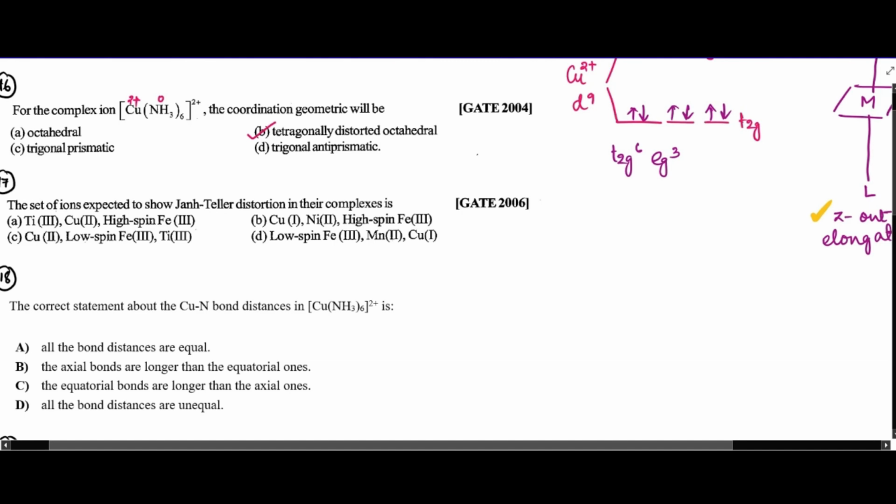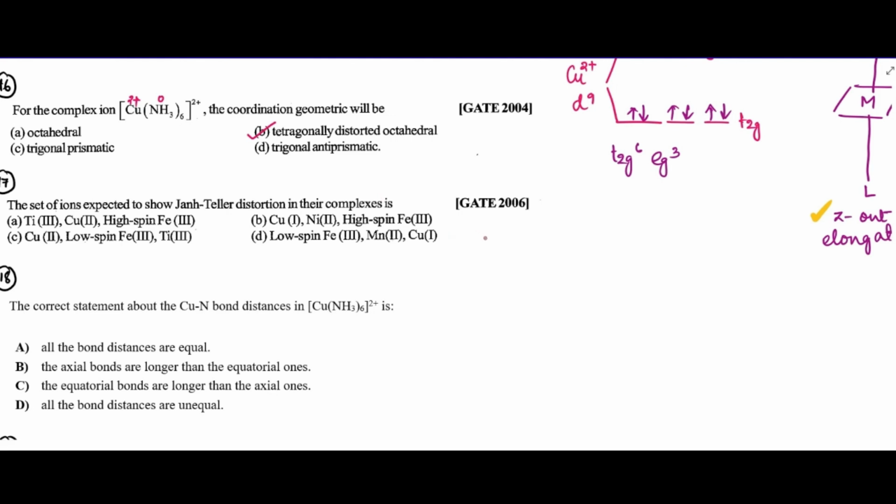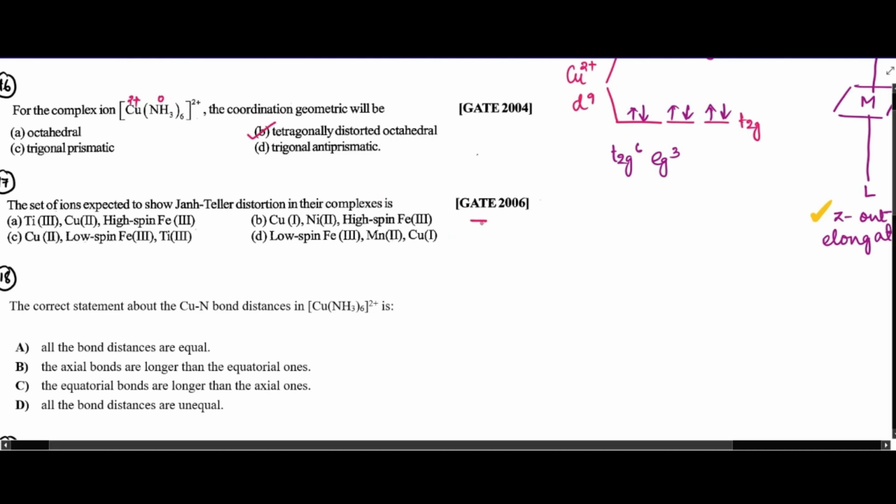Yes, which was the correct option? You should know the oxidation states by heart. Titanium +3 is a d1 system. Copper +2 is a d9 system. Fe +3 is a d5 system.